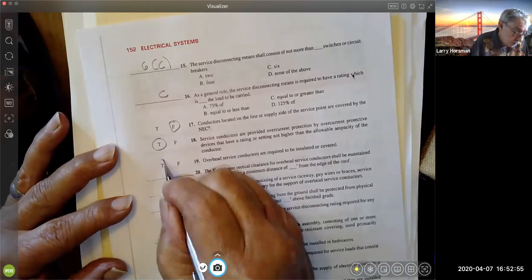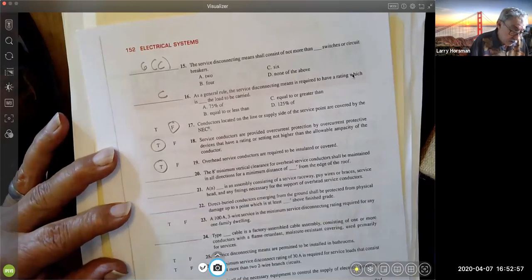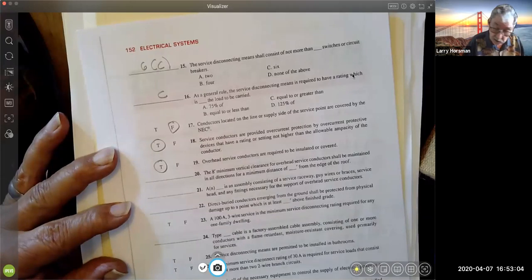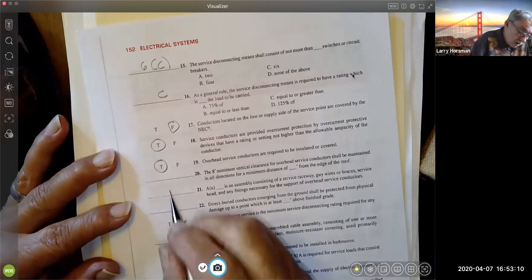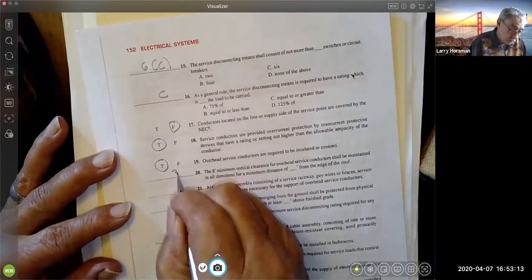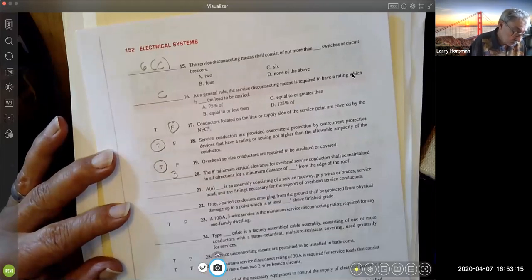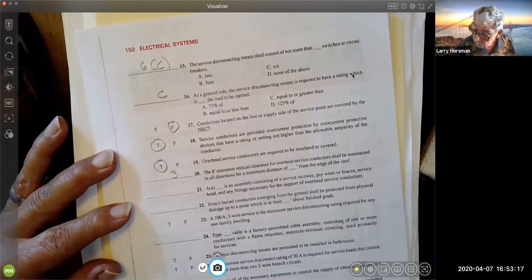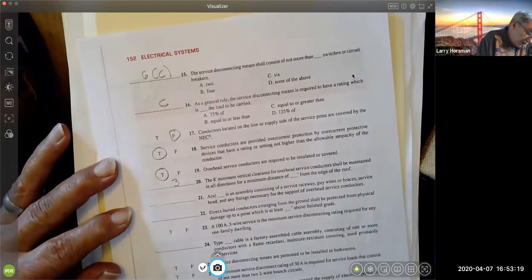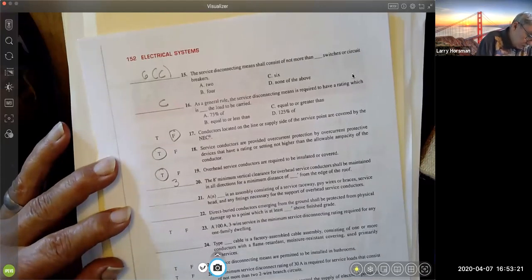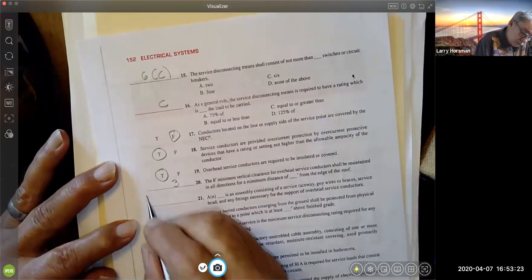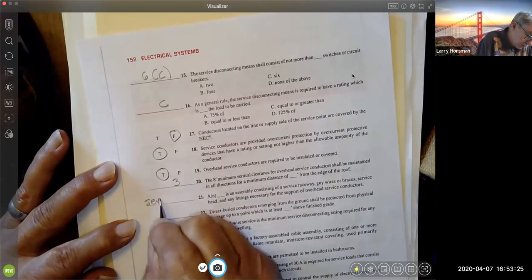20, the 8-foot minimum vertical clearance for overhead service conductors shall be maintained in all directions for a minimum distance of 3 feet from the edge of the roof. 21, service mast, whoops, lead broke.